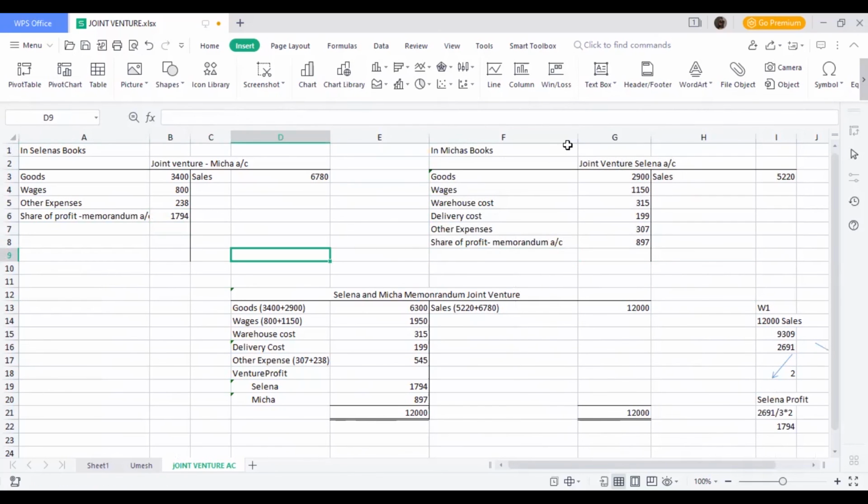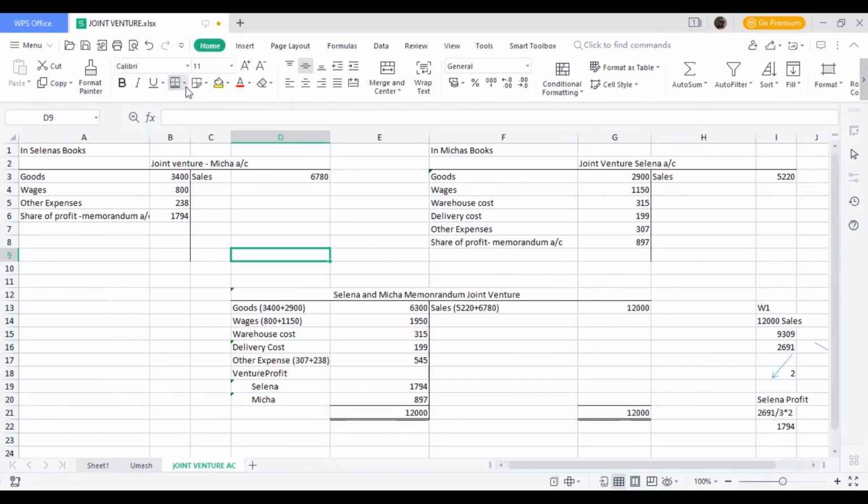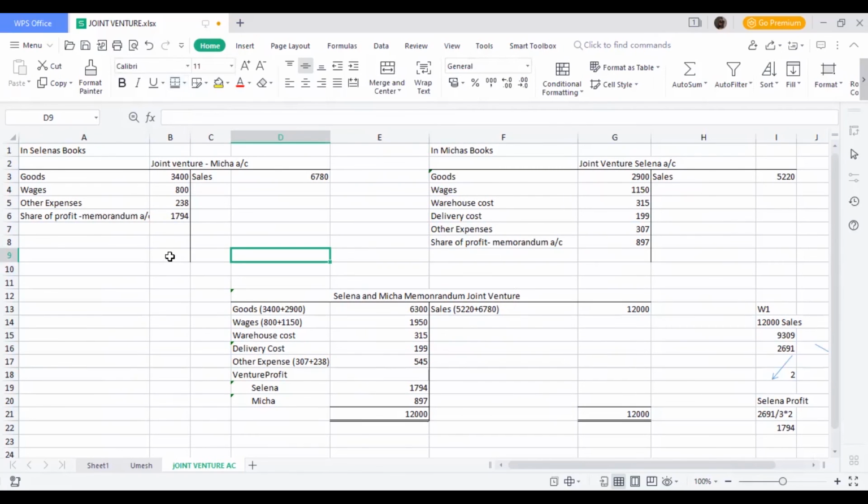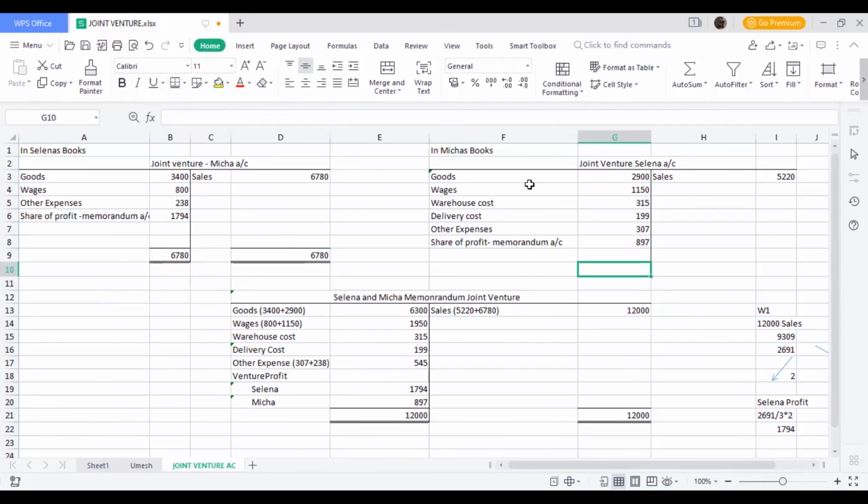Just want to take the total on both sides. This side and this side. Taking the total. So now this side looks like 6,780. So I'm going to take 6,780. And then I'll see here 6,780. Here I will also make a calculation.